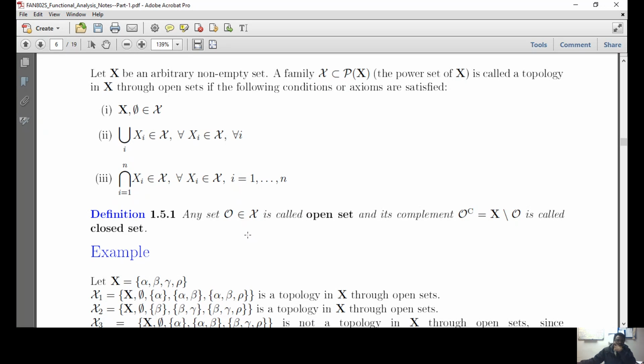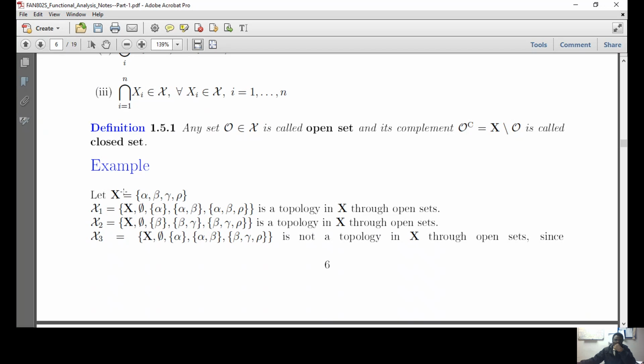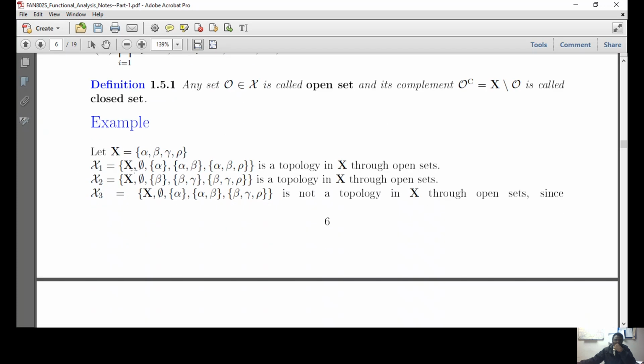Okay, now let us look at some examples. So we are given X to be the finite set made of these 4 elements: alpha, beta, gamma, rho.